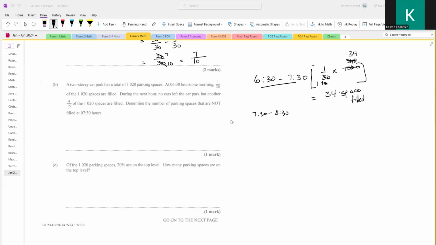So 4/15 by our 1020, you could do 3 again. 3 into 15 is going to give me 5. 3 into this, we got 340 last time. And then 5 into 5 is 1, 5 here gives me 6, 8. So we're going to get 68 by 4.